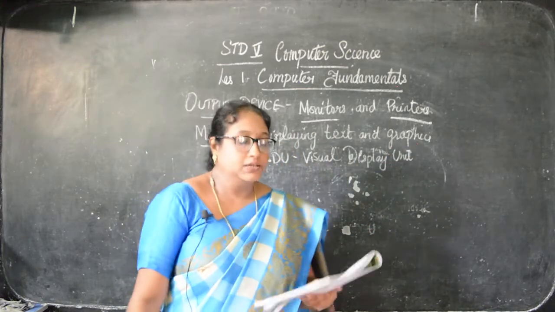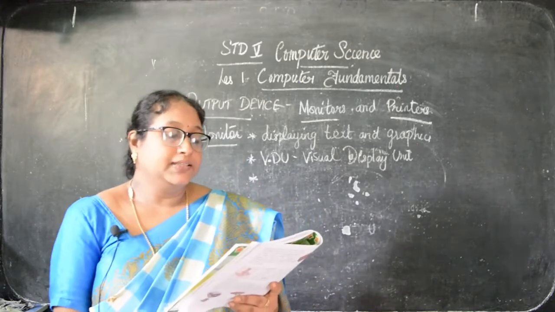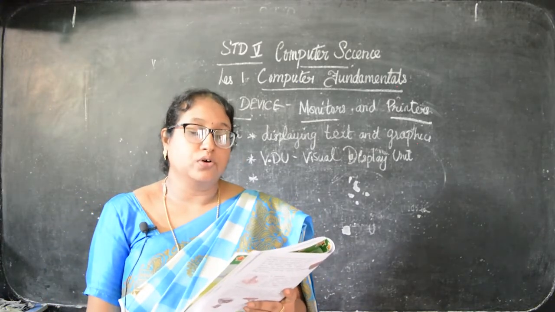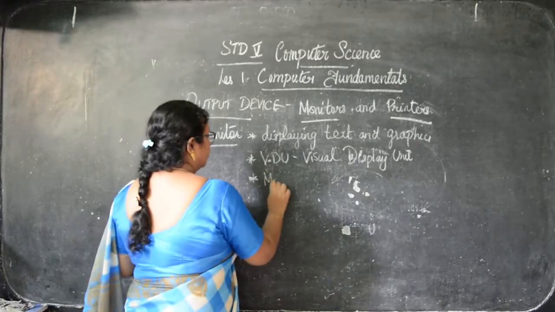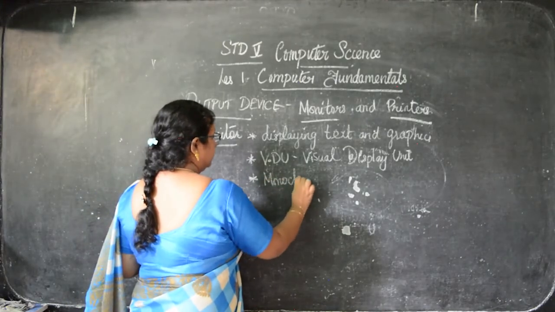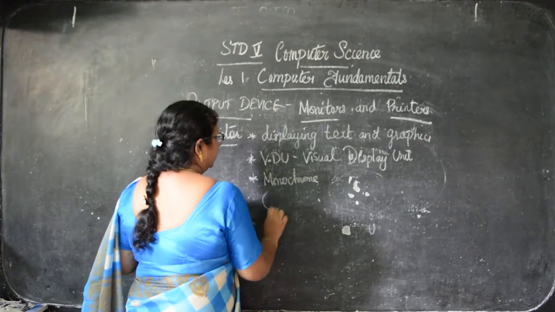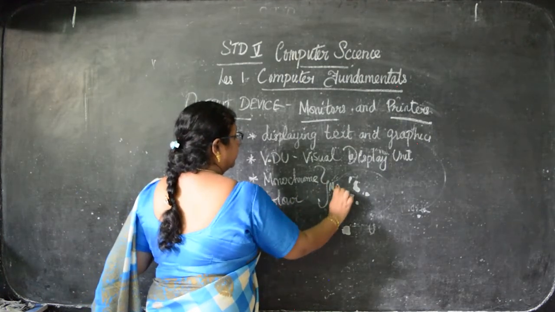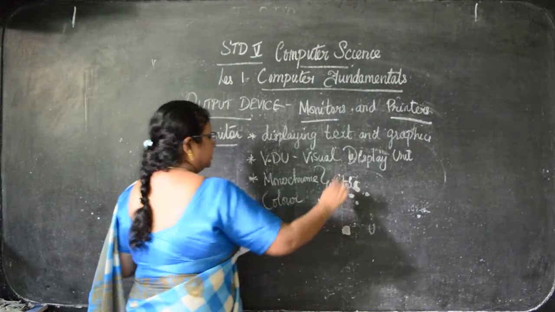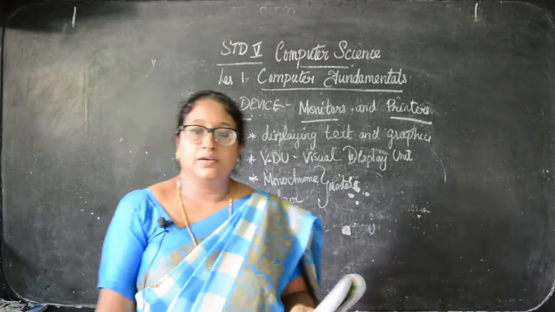VDU, Visual Display Unit. Then there are different types of monitors, that is the monochrome monitor and the color monitor. There are 2 types, that is monochrome monitor and the color monitor.